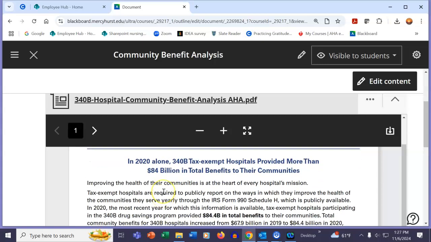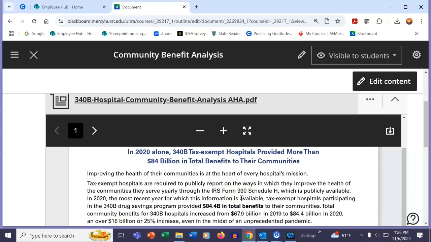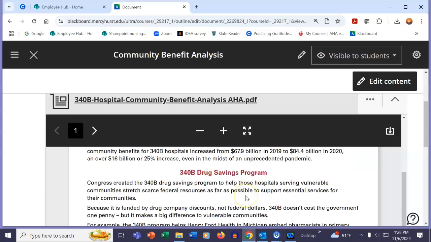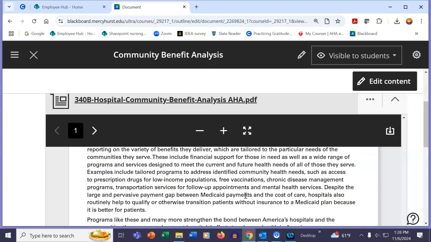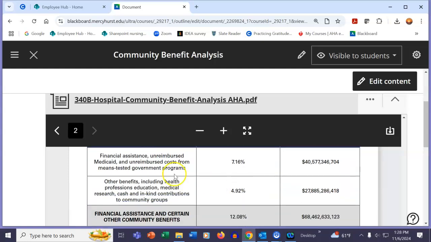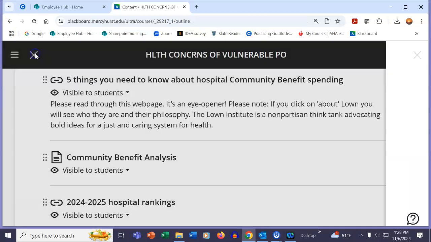And they are talking about in 2020 alone, these tax-exempt hospitals provided more than 84 billion in total benefits to their communities. So you're going to really focus on how much some of these hospital systems are giving back to the community, in what ways, and you see the drug benefit, the community benefit, charity care, financial assistance. So I'll let you look through that information.